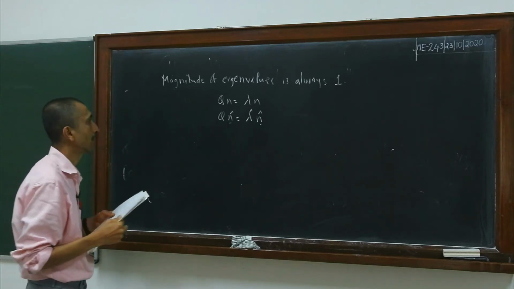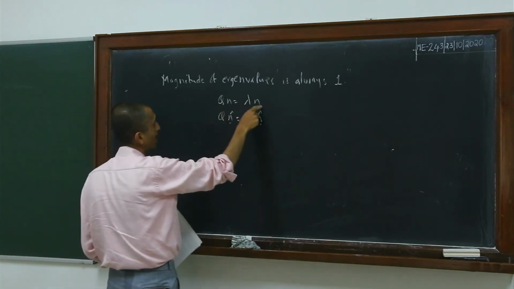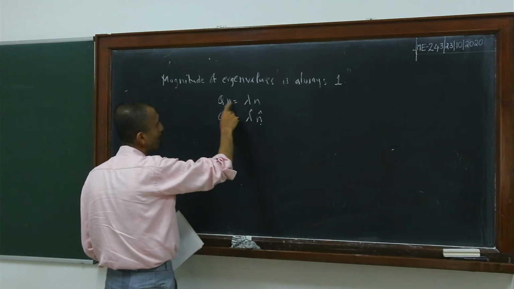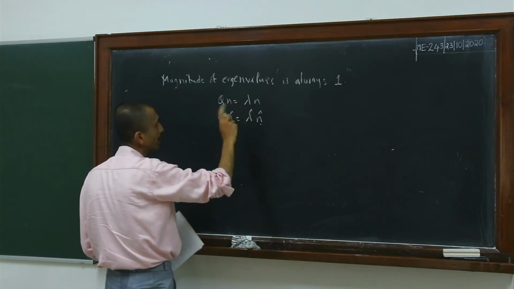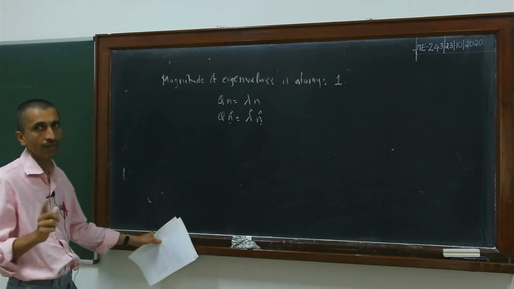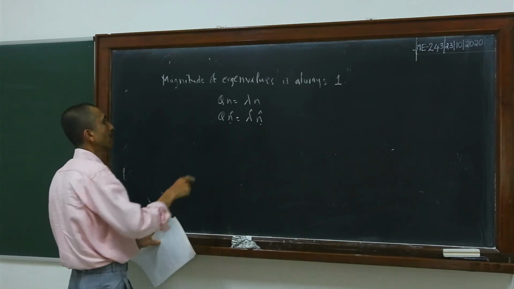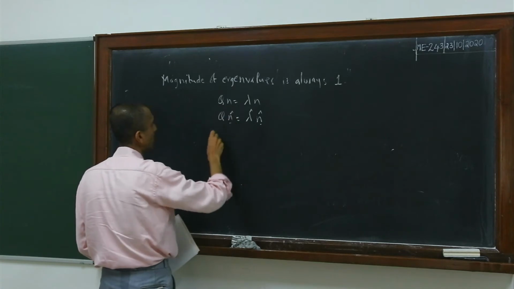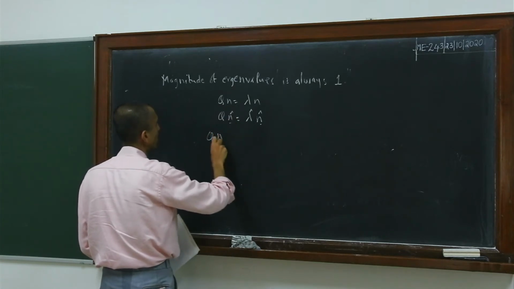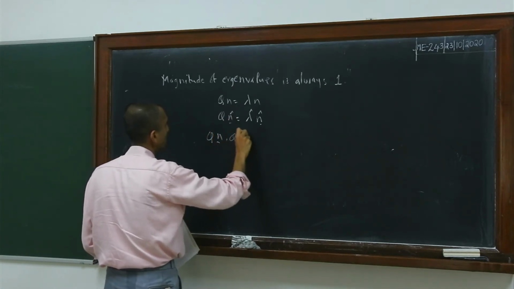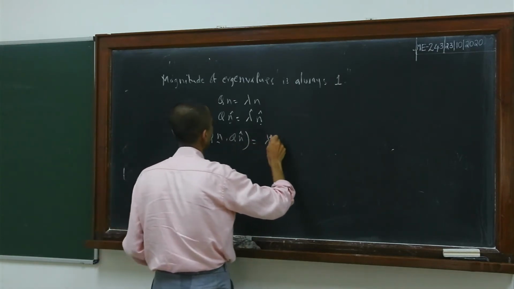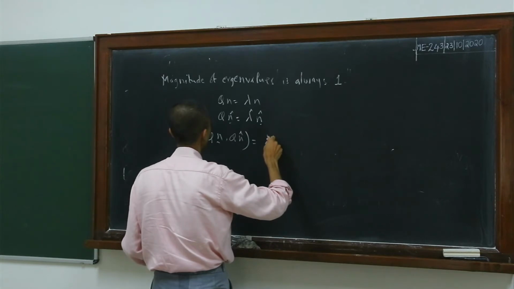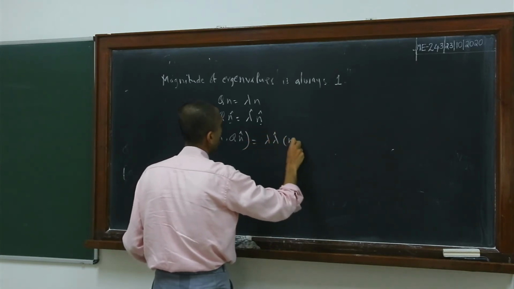So here itself you can see that if lambda and n are the eigenvalue eigenvector, then lambda hat n hat are the corresponding conjugate eigenvalues and eigenvectors here. Right. So now if I take the dot product between these two, you will get that Qn comma Qn hat is equal to lambda times, if you take the dot product, this is lambda lambda hat n comma n hat.